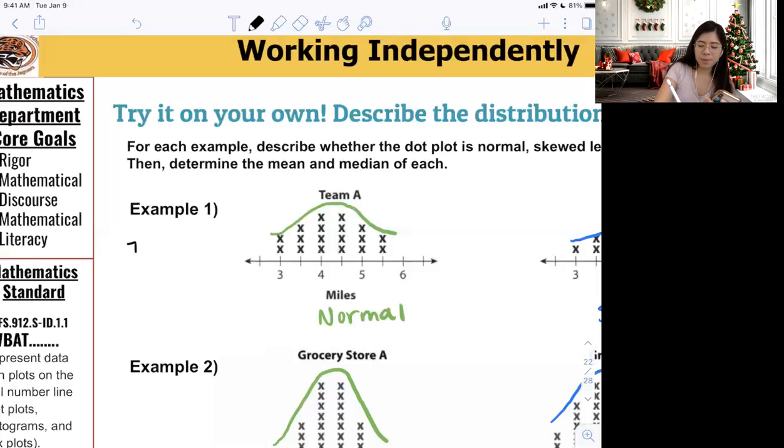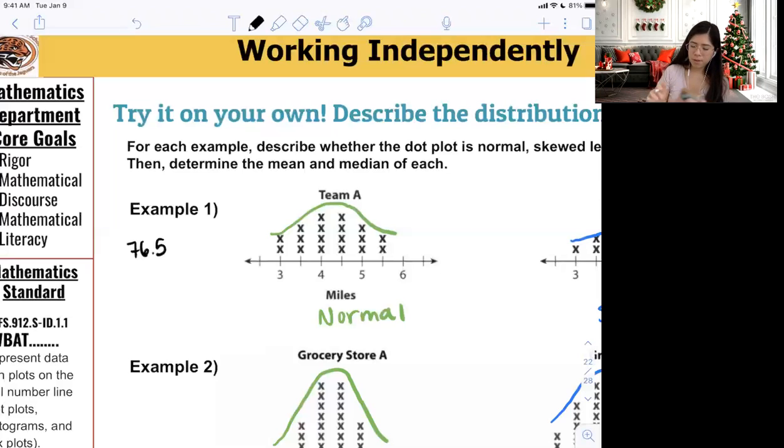I got 76.5, but I could be wrong, so tell me whether you get the same answer or not. So we got the same answer, 76.5?